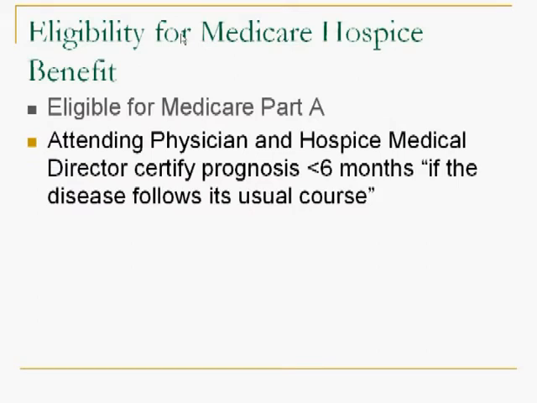Both the attending physician and the hospice medical director have to certify that the patient has a prognosis of less than 6 months, quote, if the disease follows its usual course, unquote. And that's the language in the federal law. That doesn't mean you have to die within 6 months, and that's a major misconception from patients and families.